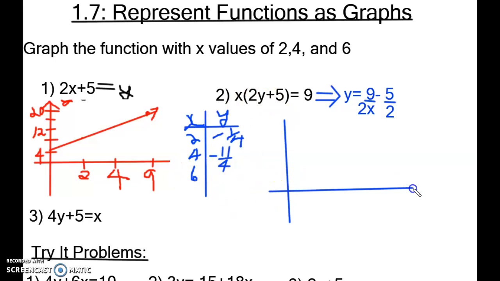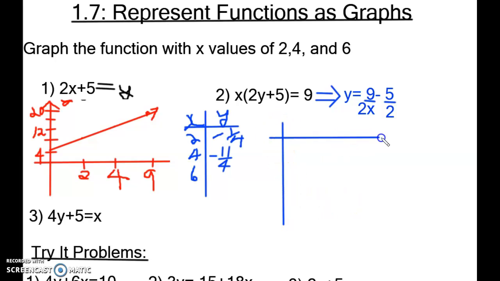So when we plug in those values at 2, 4, and 6, your equation would already start dropping down right there.